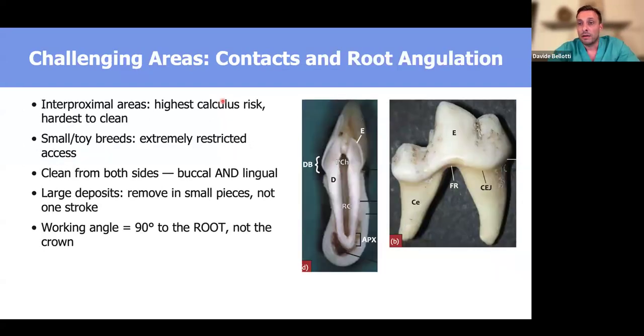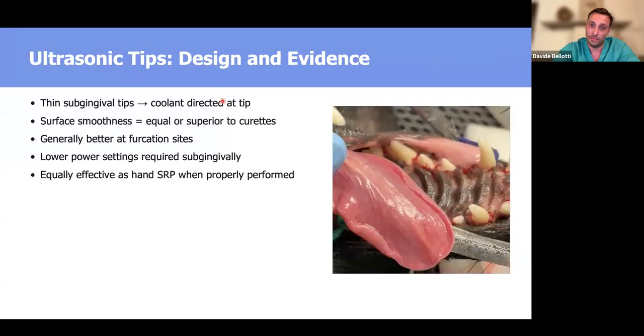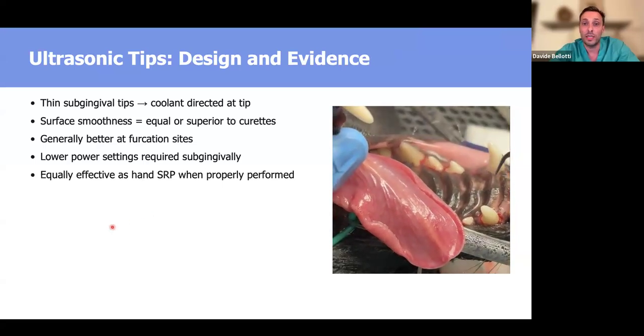We know that the teeth of our dogs are very different from each kind of tooth and each type of dog. So there are areas where they are very difficult to reach. We have many different curettes that we can use, but it's not always easy to reach every area. That's where the ultrasonic tips come in to help.